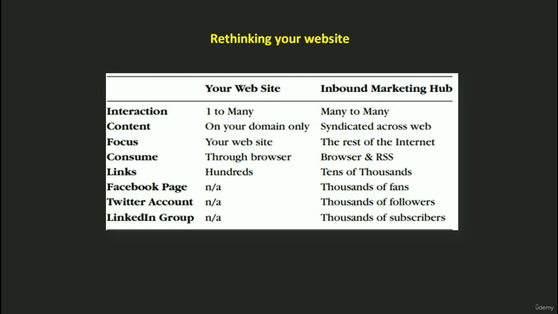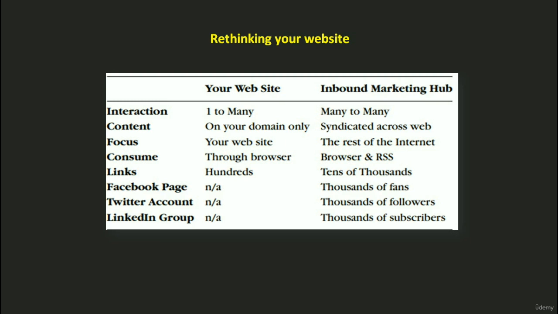In this table I would like to explain rethinking your website: interaction, content, focus, consume, links, Facebook page, Twitter account, and LinkedIn group. Interaction on your website means one-to-many, but inbound marketing has many-to-many. As for content, your website has content on your domain only, but inbound marketing has content syndicated across the web.